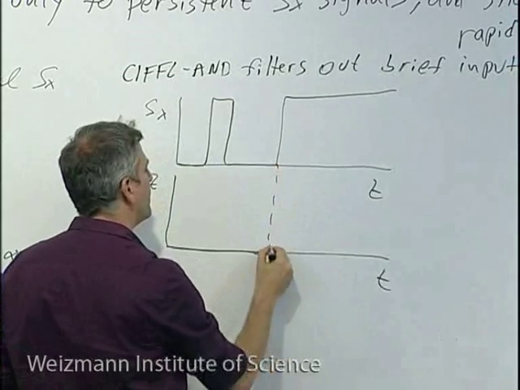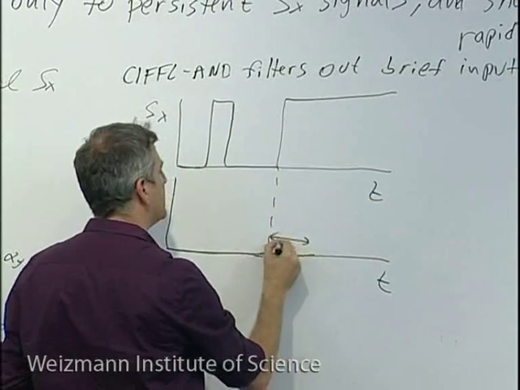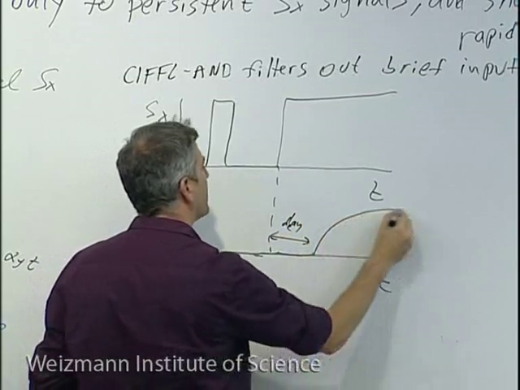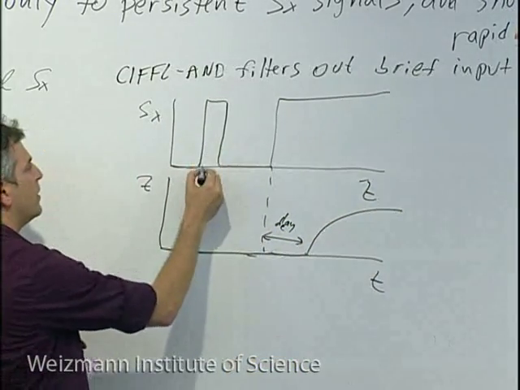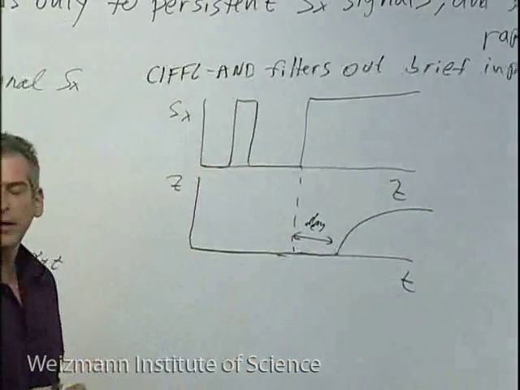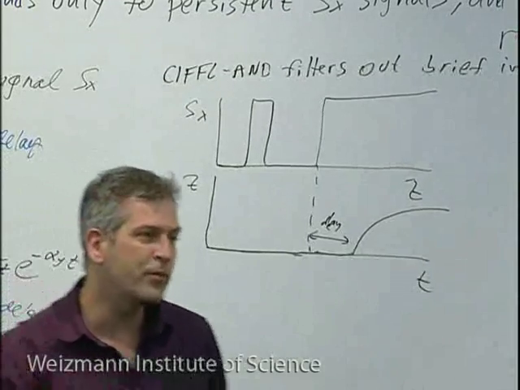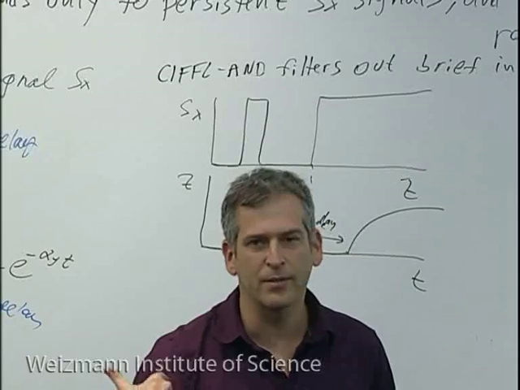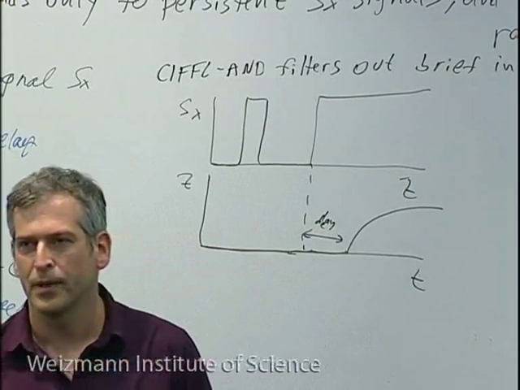Only if it's on for enough time after this delay, you start getting a response. So if the signal is in the environment briefly, we don't see it. This circuit doesn't register it as worth responding to.